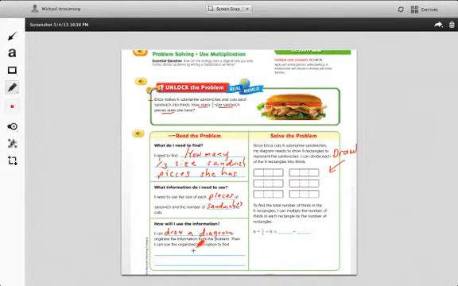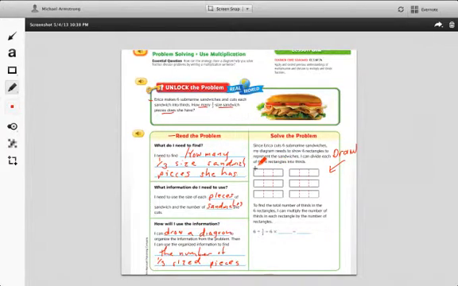Then I can use the organized information to find the number of pieces. That's what I'm looking for: how many 1/3 sized sandwich pieces does she have? The number of 1/3 sized pieces. Okay, so we can try that.